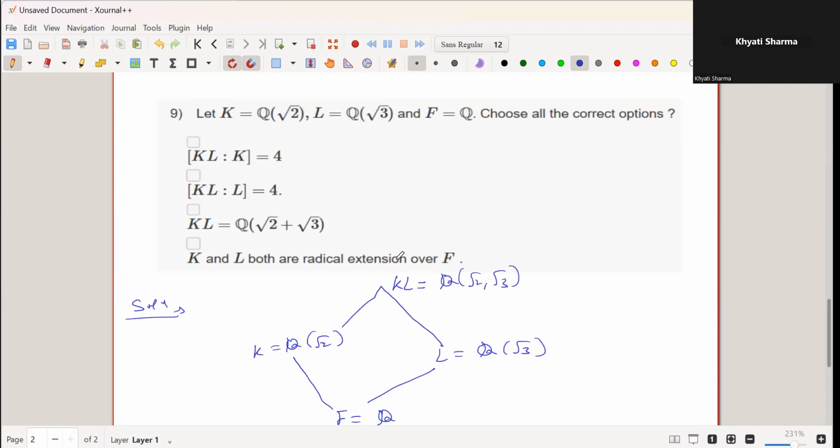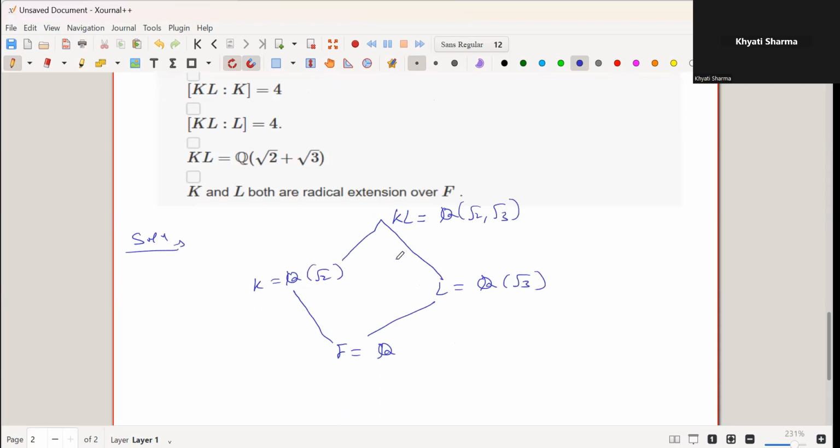And we know that this part has dimension 2. Why?